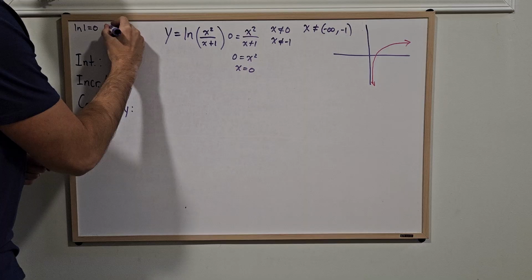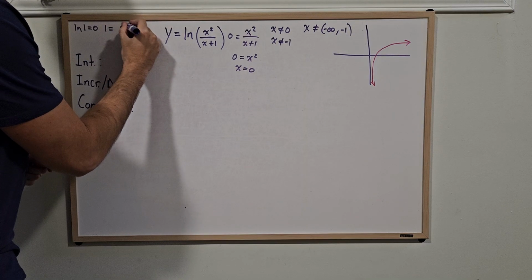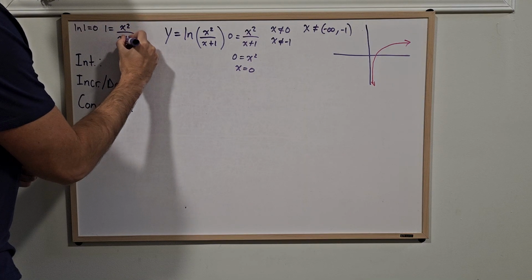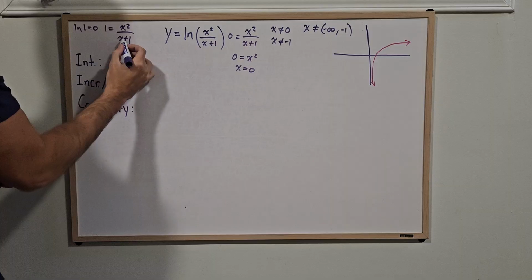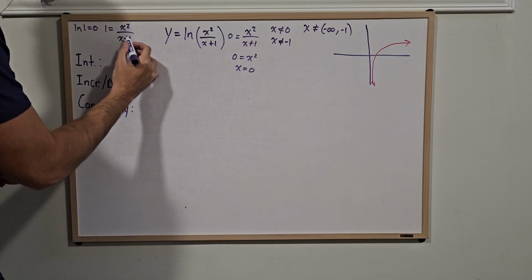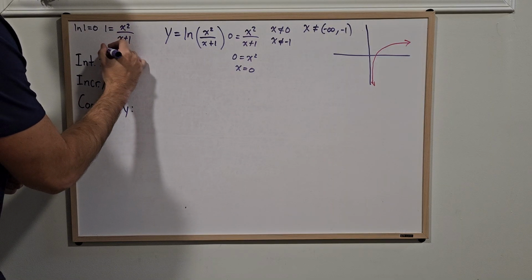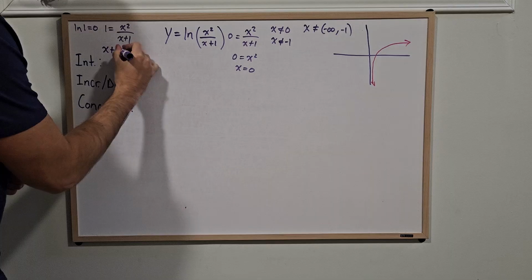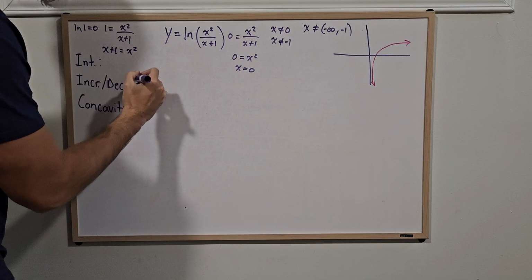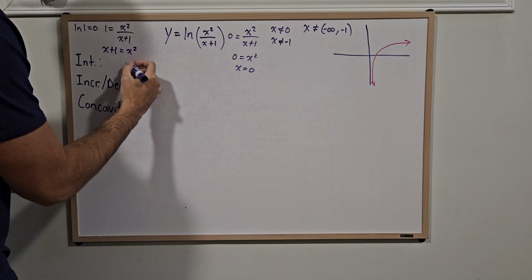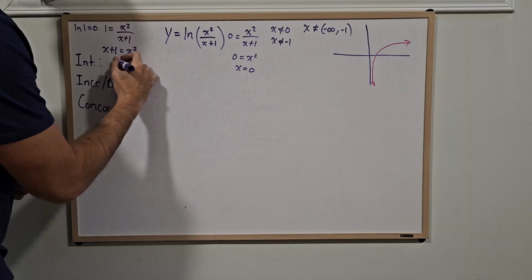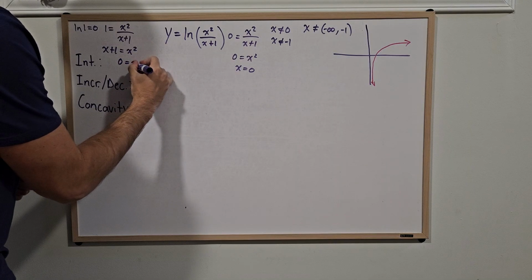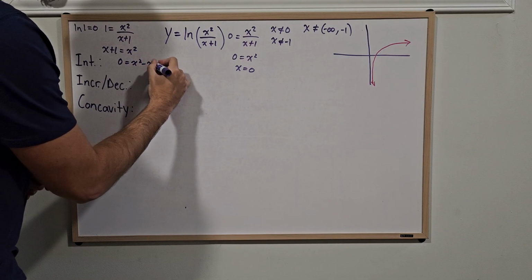So if I go 1 is equal to x squared over x plus 1, I'm going to multiply my x plus 1 by the 1 and move it up here, is equal to x squared. And then I'm going to move everything back over to the other side. So I have 0 equals x squared minus x minus 1.